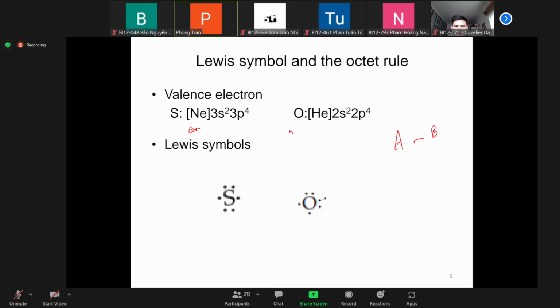We understand that we use mainly the valence electrons. So the question is how we can represent an electron on paper.